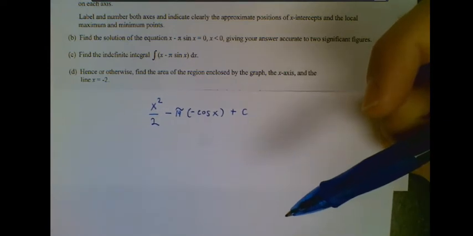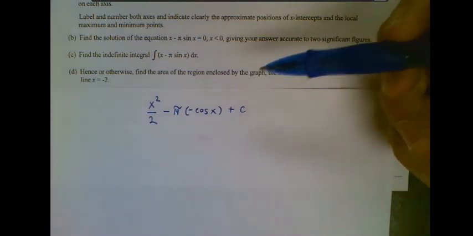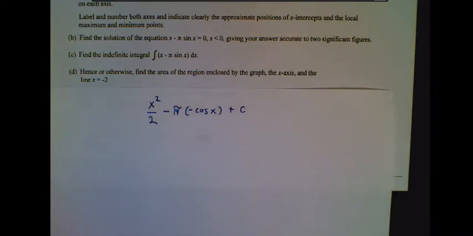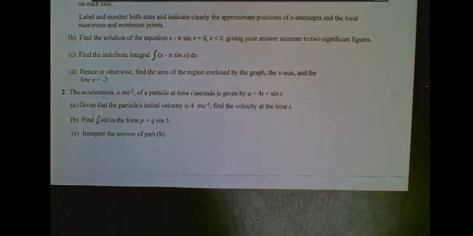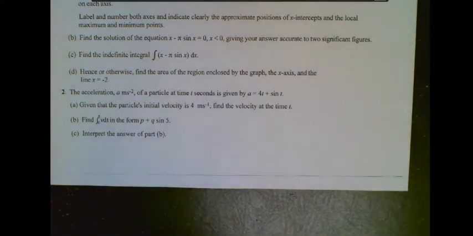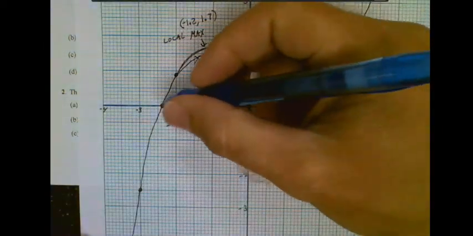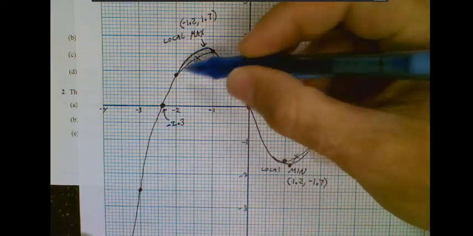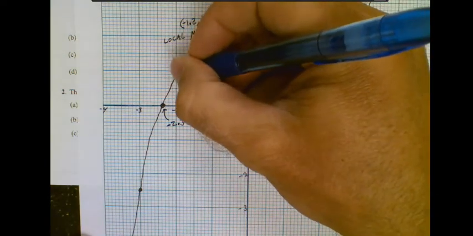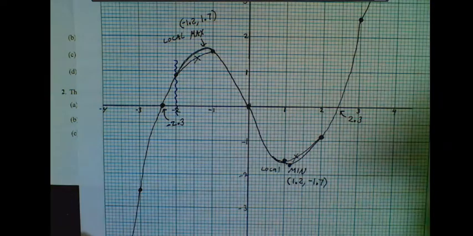So part D, now the last part, hence or otherwise find the area of the region enclosed by the graph, and so on. I think they should have included one more piece of information on that. It says the area of the region enclosed by the graph, the x-axis, and the line x equals negative 2. So here's the x-axis, obviously here's the graph, here's the line where x equals negative 2.